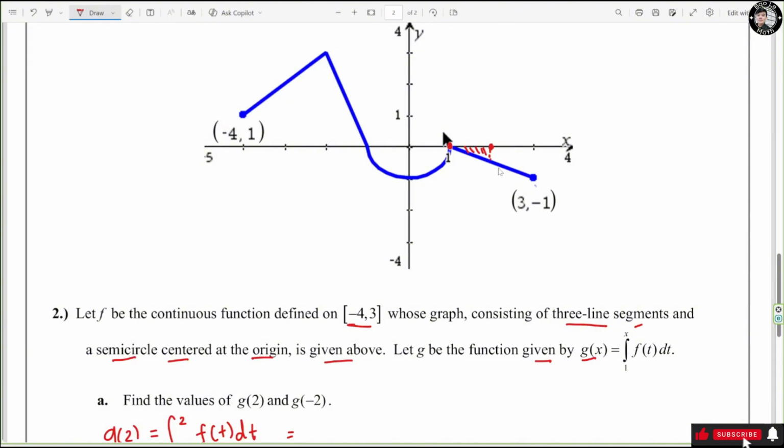But this triangle is below the axis, so it should be negative. So it's going to be negative base times height divided by 2. The base right here is 1. The height right here is 1/2. So we have 1 times 1/2 divided by 2, so it's going to be -1/4.